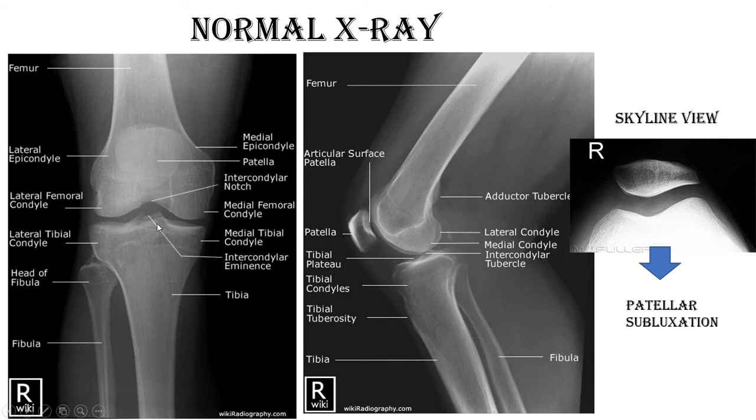Superimposed view, and this is the intercondylar notch, and these two are the tibial spines, and this is the physeal scar, and this is the fibular head. On the lateral view, this is the patella, and as the articular surface is smooth, it has no injury, and the space is normal.